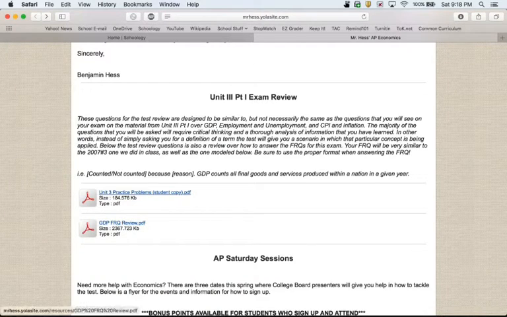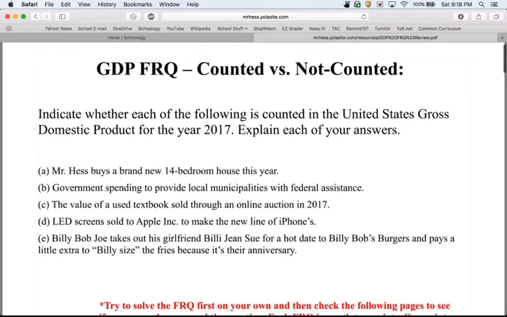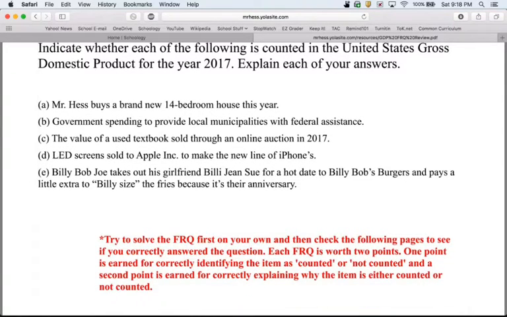The second thing I've got for you is the GDP FRQ review. When you click on that, it's going to have a set of 5 questions very similar to the questions that we did from the 2007 free response question in class. The first page has the questions on there and a reminder of how it works.